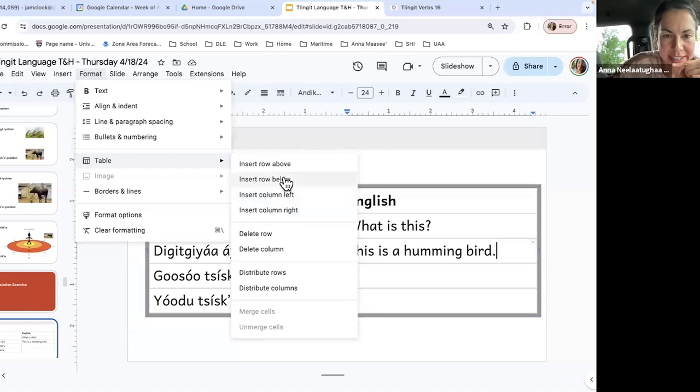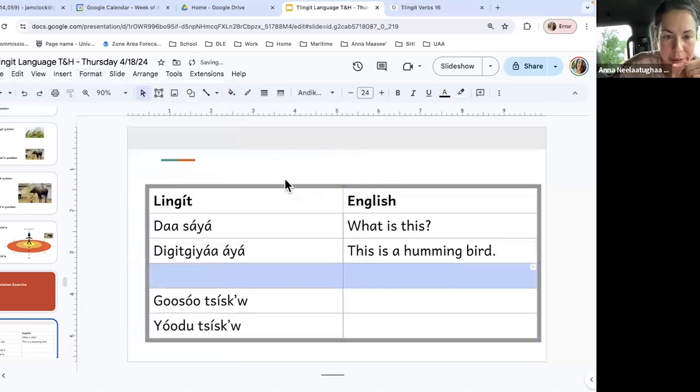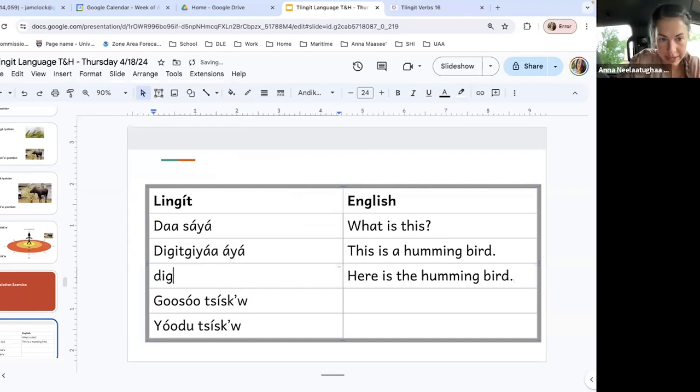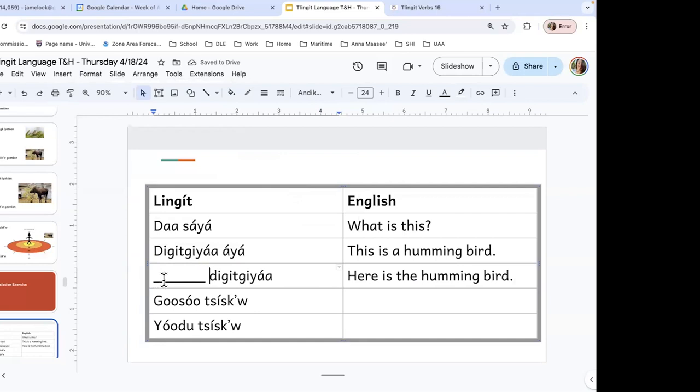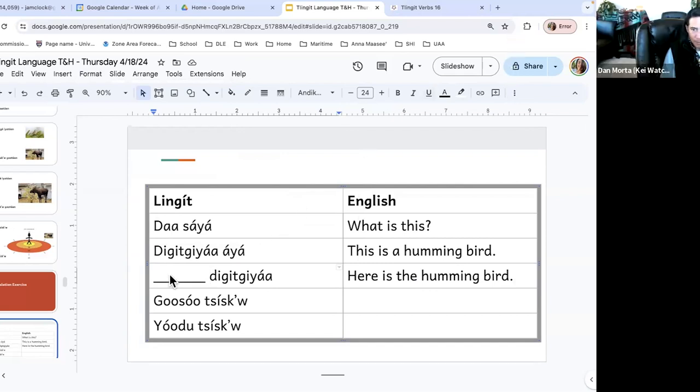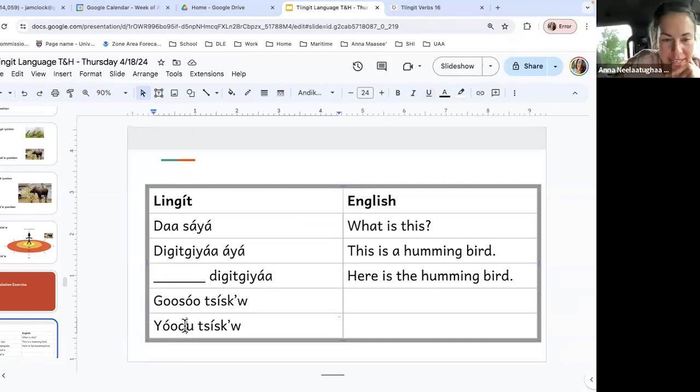Close. Okay. So if I wanted to go from saying this is a hummingbird to here is the hummingbird, we would still put digitkiya, but this time we would put something in front of it. What would we put? Close. Ya is in there. It's a ya. Close. I'll give you a hint. There's something kind of similar down here.